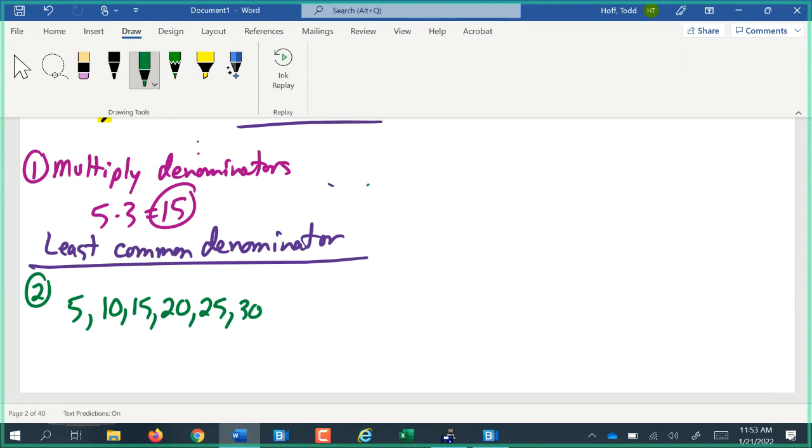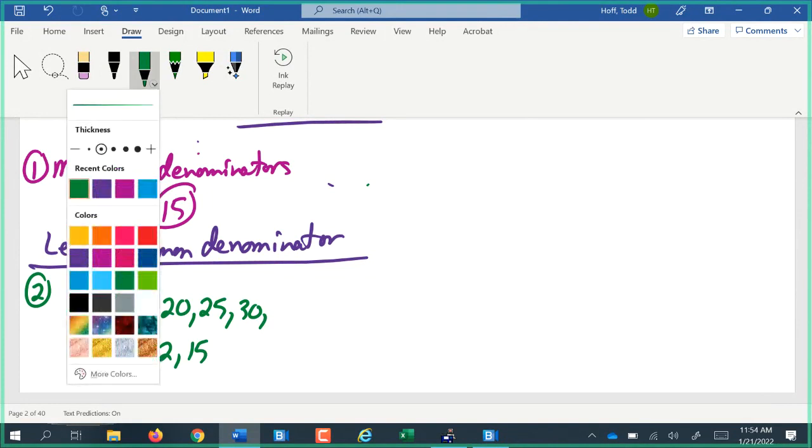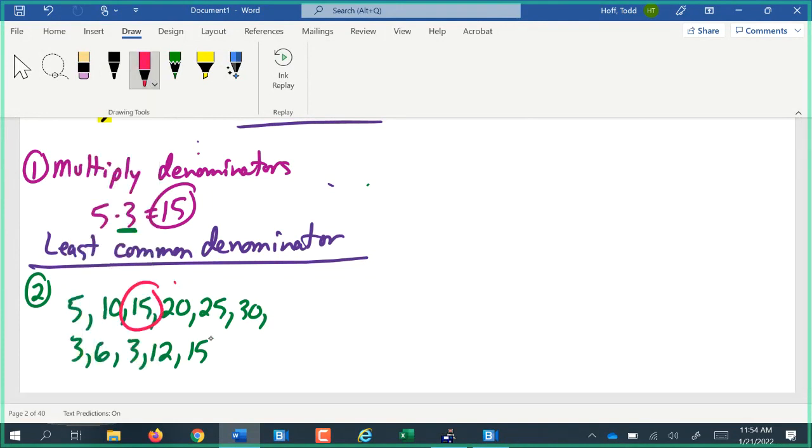We've done 5, 10, 15, 20. We've counted up by 5s a lot as we've practiced working with numbers. Then we do the other denominator, the 3. 3 times 1 is 3, 3 times 2 is 6, 3 times 3 is 9, and we keep working our way up, and we find that the smallest one that is in common is the 15. That is our least common denominator.